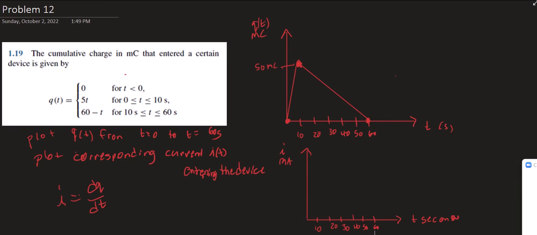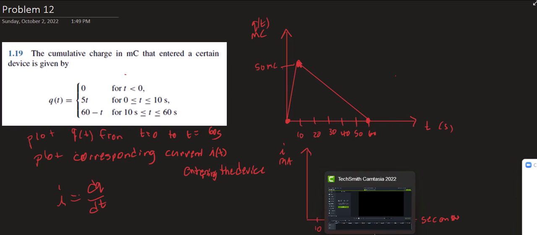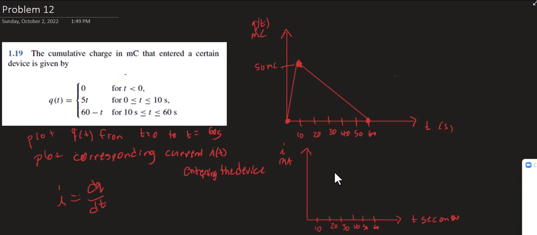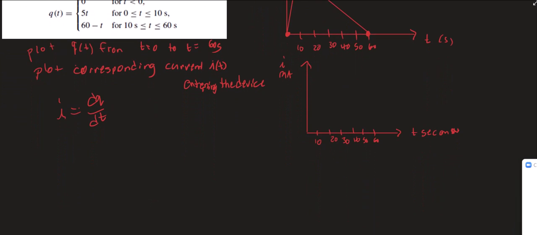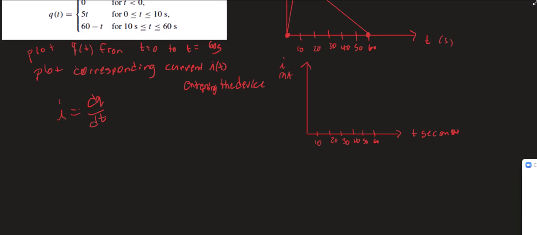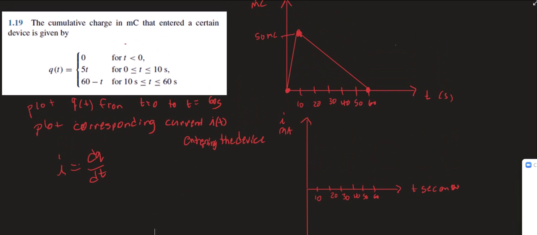And if you remember from calculus, a derivative is just a slope. And if we have a straight line, it's easy to determine the slope. The slope is just the rise over the run. And so if we look at this first part, our starting point is 0, 0.